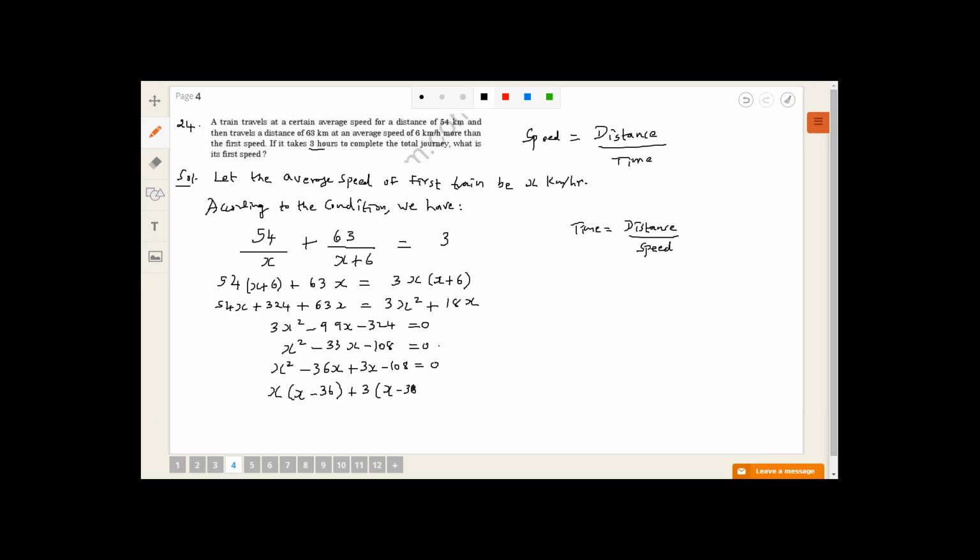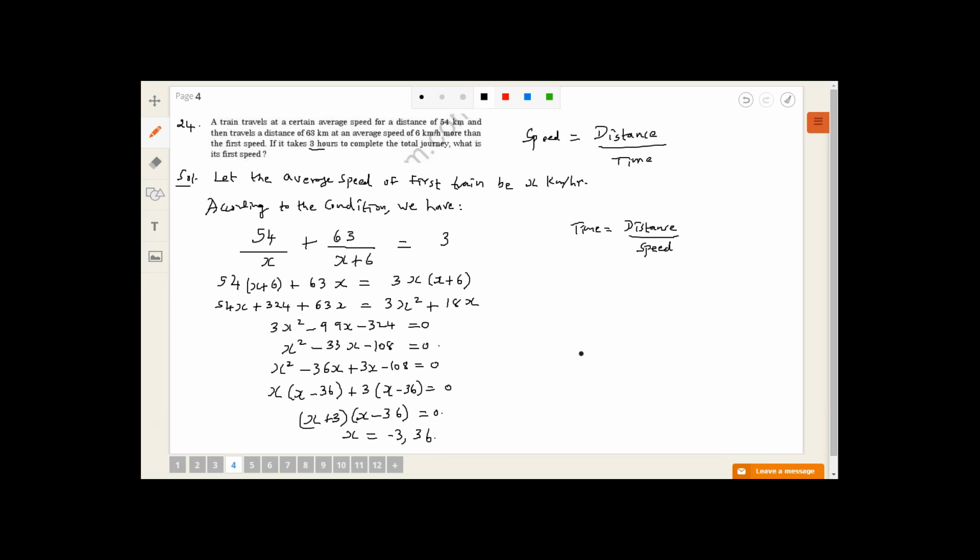Or we get (x plus 3)(x minus 36). Now solving these equations, we get x is equal to minus 3 and 36, but speed cannot be negative, so x equal to 36 is the value.